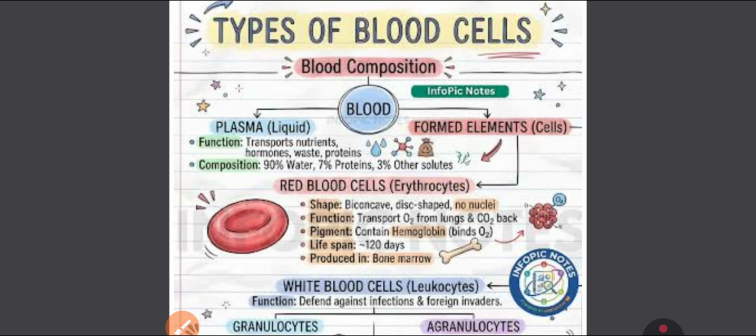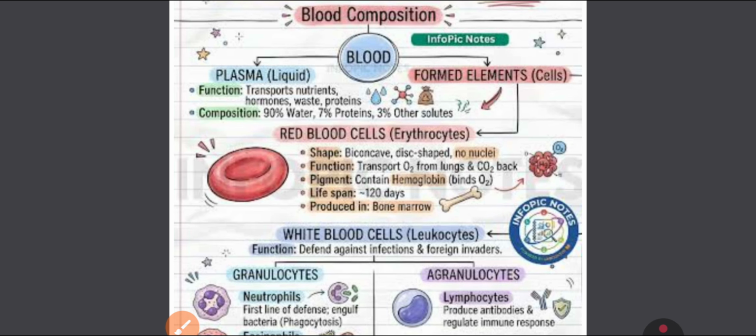Blood is composed of plasma and formed elements, that are cells. The function of plasma is to transport nutrients, hormones, waste, proteins, etc. Its composition is 90% water, 7% proteins, and other solutes.